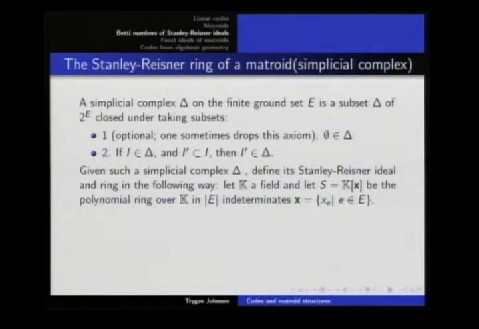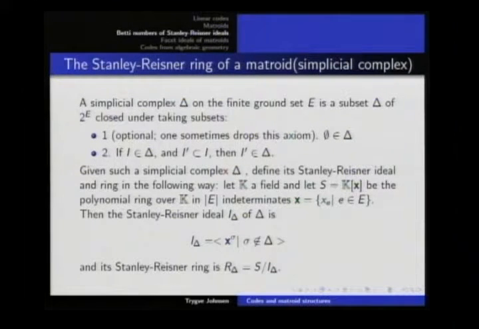We see that in passing. Given such a simplicial complex, you can define its Stanley-Reisner ring over a given field. That's a polynomial ring with one variable for each element of E. And then you take the monomial ideal generated by those monomials indexed by those sigma which are not in the simplicial complex.